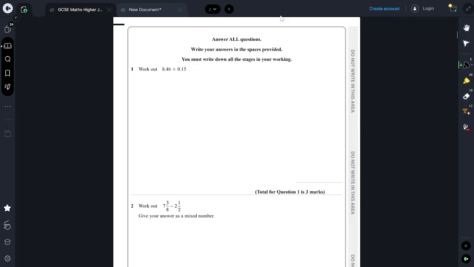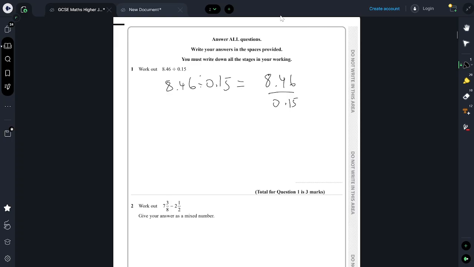So, 8.46 divided by 0.15. With division, especially when you have decimals, it's best to first write it as a fraction. Because remember, a division, A divided by B, is exactly the same as A over B, and that's what a fraction is, ultimately.